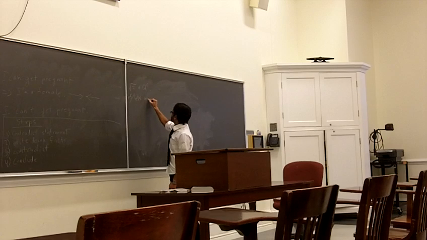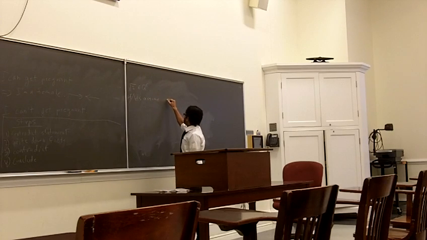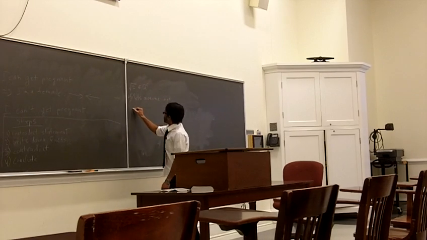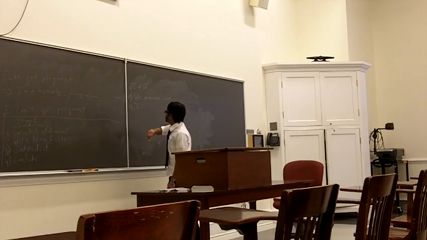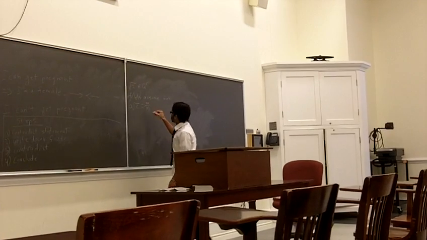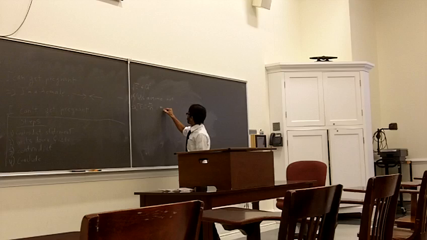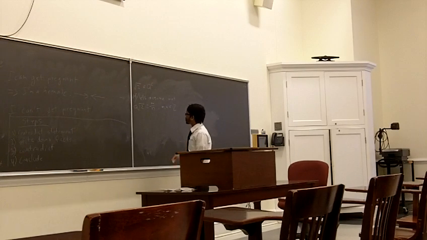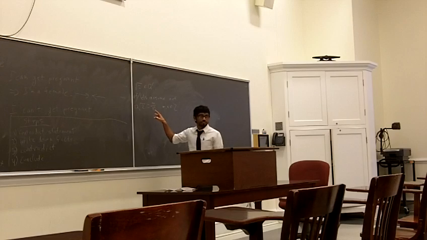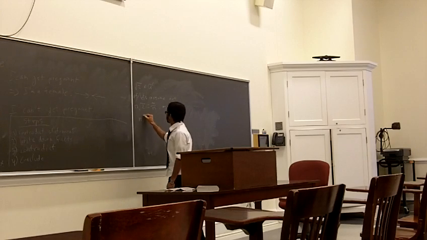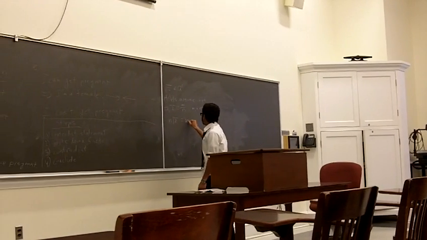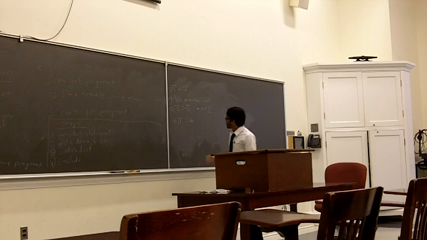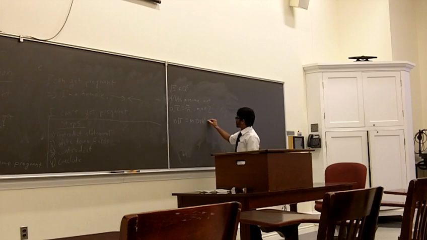So that implies radical 2 can equal m over n, such that m and n are integers in lowest form. So we do simple algebra. n radical 2 is going to equal m. We square both sides. 2n squared equals m squared.